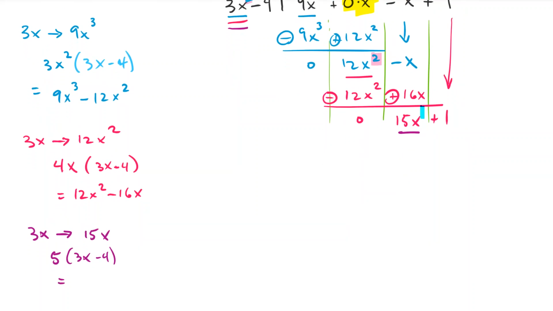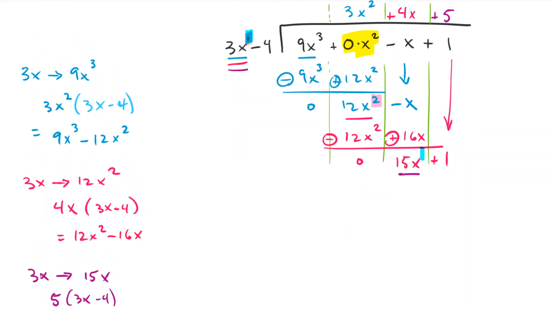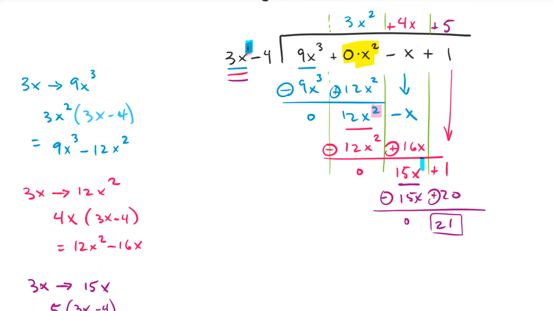Gives us 15x minus 20, which we put down here, 15x minus 20. We change these signs, and then we add, and we get 21. We can stop here because the exponent here is 1 less than it is up in front.